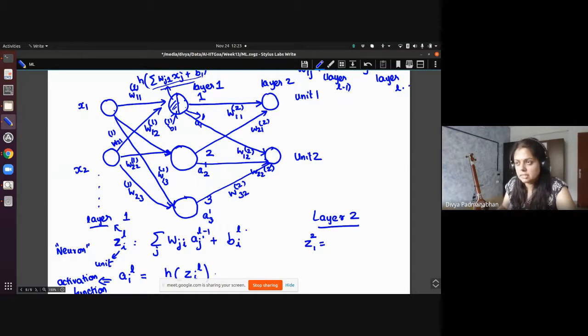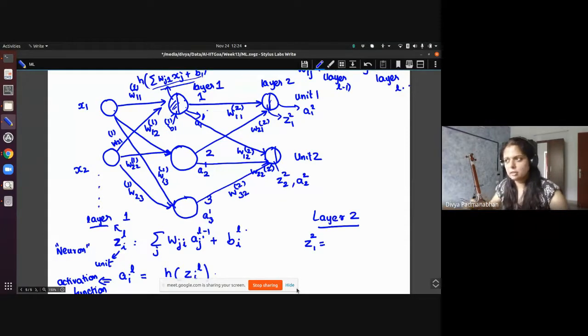Whatever comes out from the previous layer, you multiply it with the weights and compose it together to bring in the next unit. So here there's going to be a Z12 and an A12. Similarly here, you're going to have a Z22 and A22.